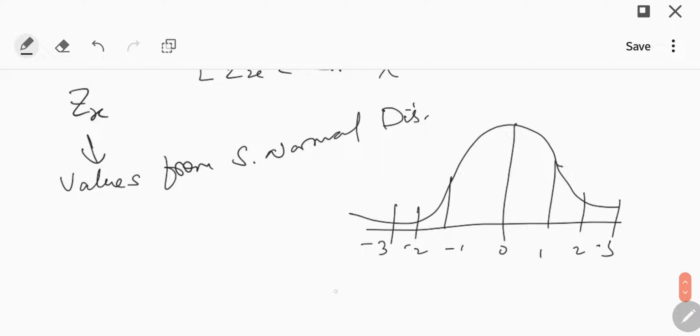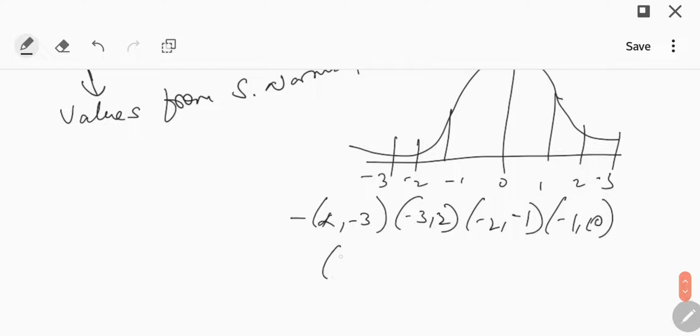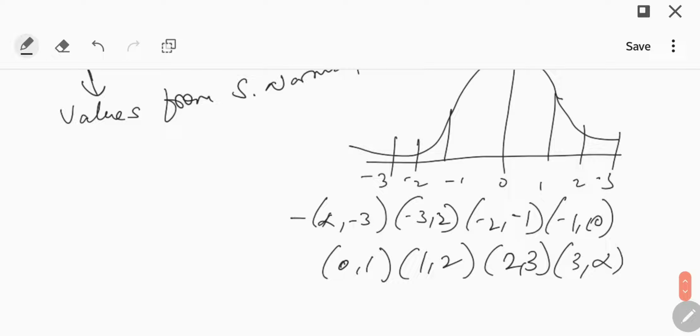So you split this entire interval into minus infinity to minus 3, minus 3 to minus 2, minus 2 to minus 1, minus 1 to 0, and 0 to 1, 1 to 2, 2 to 3, 3 to infinity.